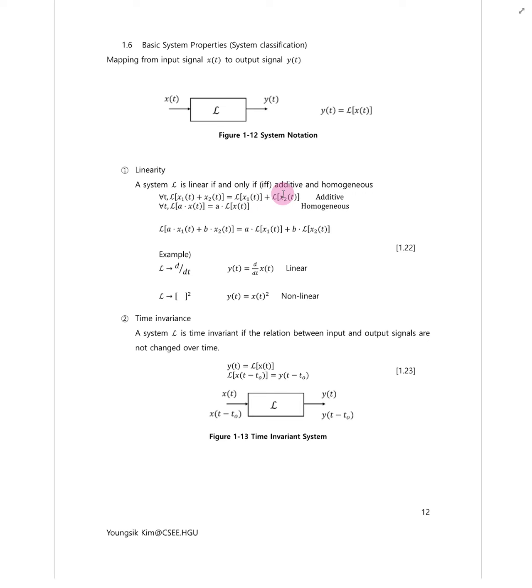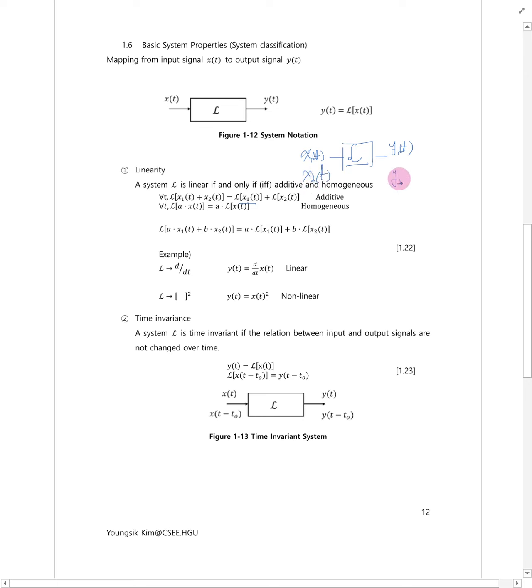It means that a system exists here. If we apply x1(t), the output is y1(t). If we apply x2(t), we get y2(t).